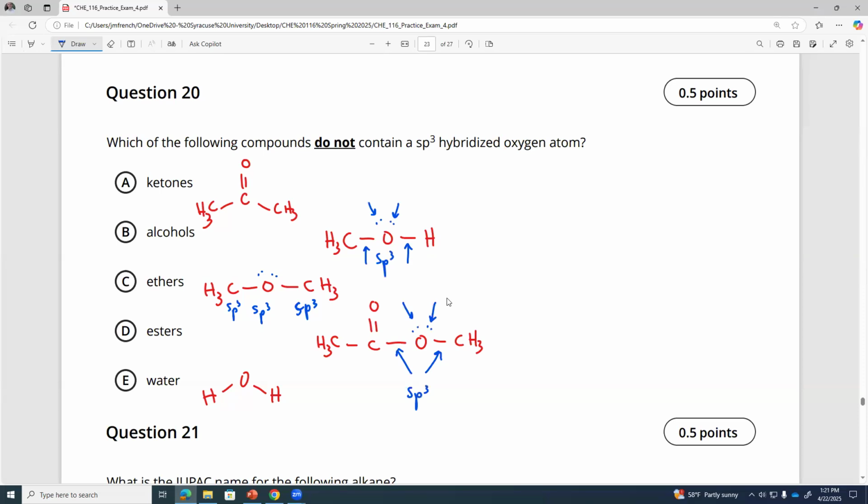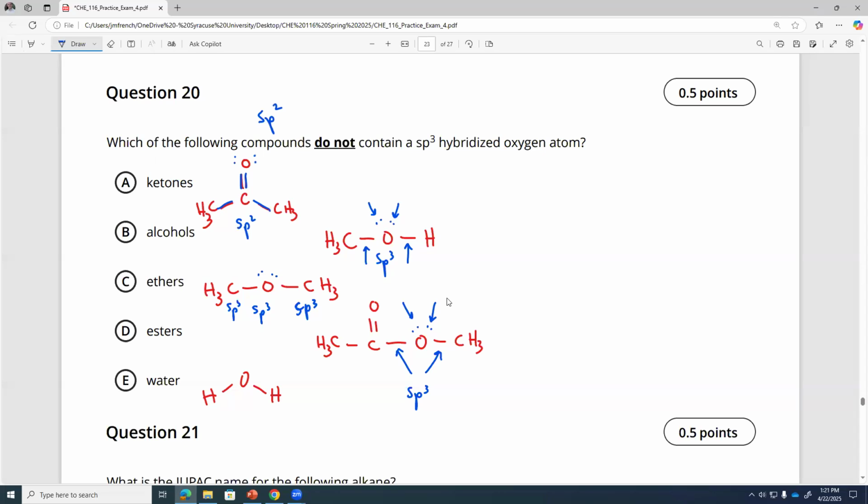To be sp2 hybridized, you just need 3 domains. So this carbon right here is sp2 hybridized because it has 1, 2, 3 domains. That oxygen is also sp2 hybridized because it also has 3 domains only.